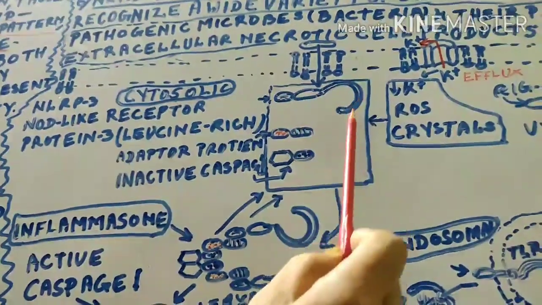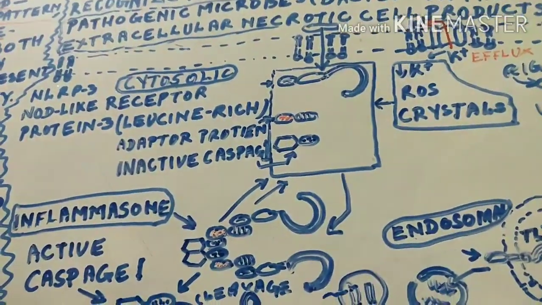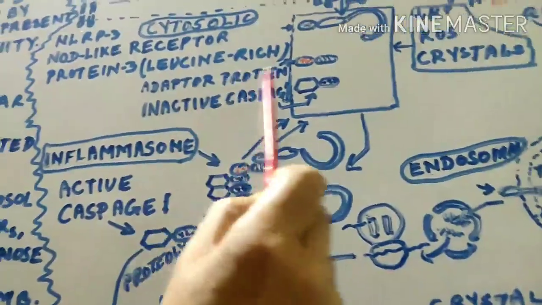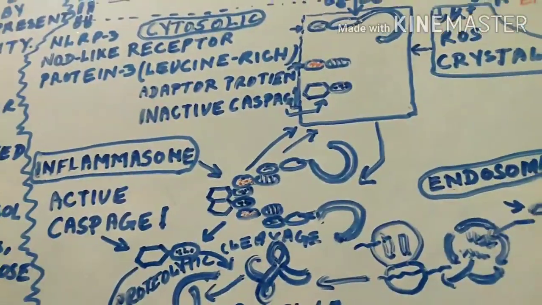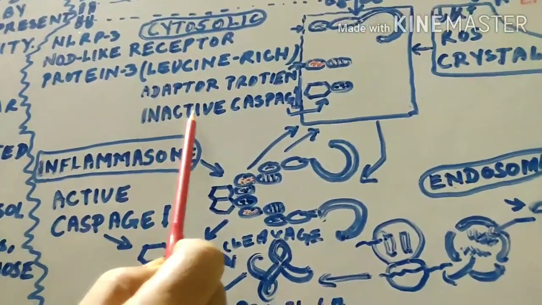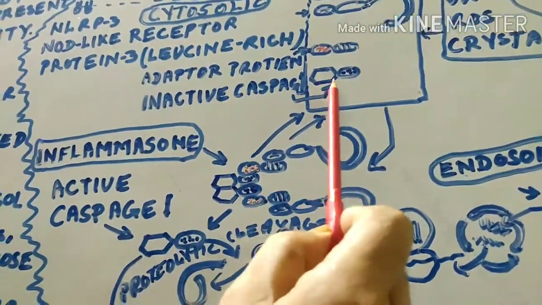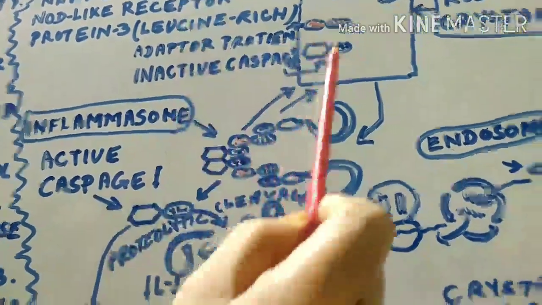Here you can see the NOD-like receptor protein. There is the adapter protein, shown diagrammatically, and inactive caspase 1, also shown diagrammatically.